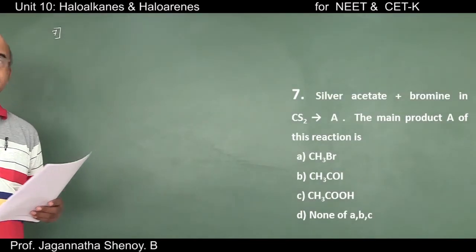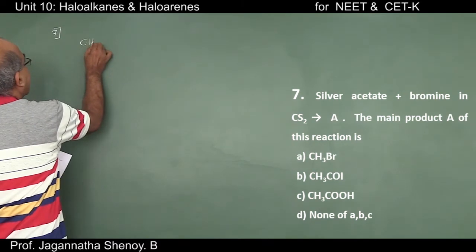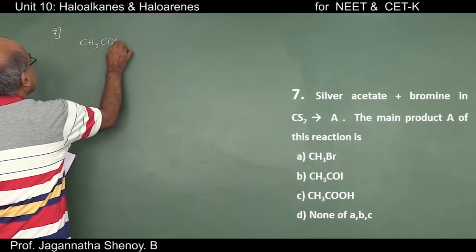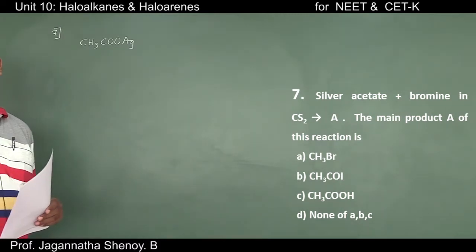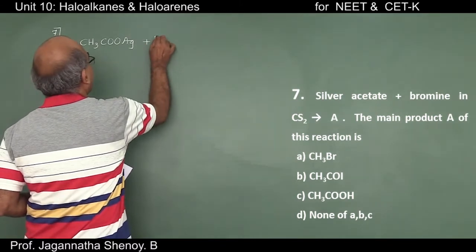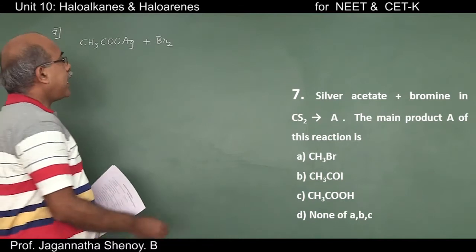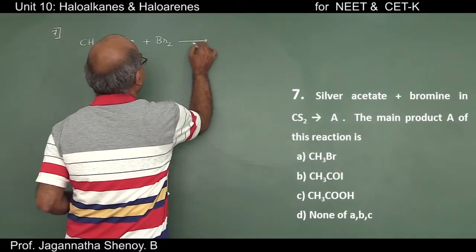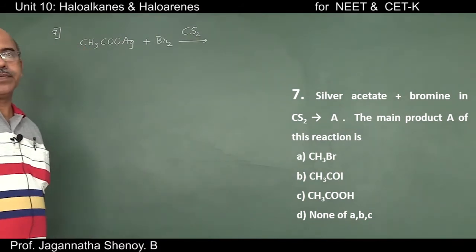I'll start from silver acetate. So when you say silver acetate, I can write it as CH3COOAg. I am going to treat it with bromine, Br2. The reaction is carried out in the presence of a non-polar solvent like CS2.